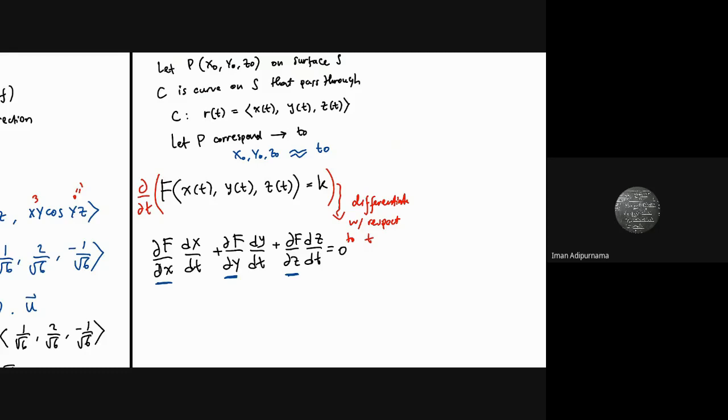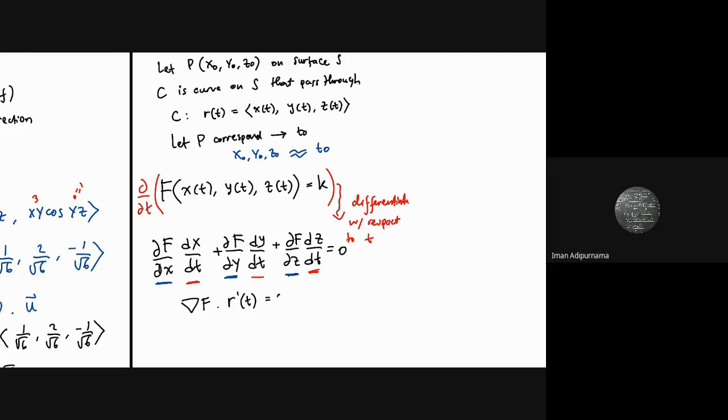All those partials are actually our gradient vector, right? And this part here, dx over dt, dy over dt, and dz over dt, is our r prime. So this is actually a dot product of our gradient vector and our r prime, our tangent, right?